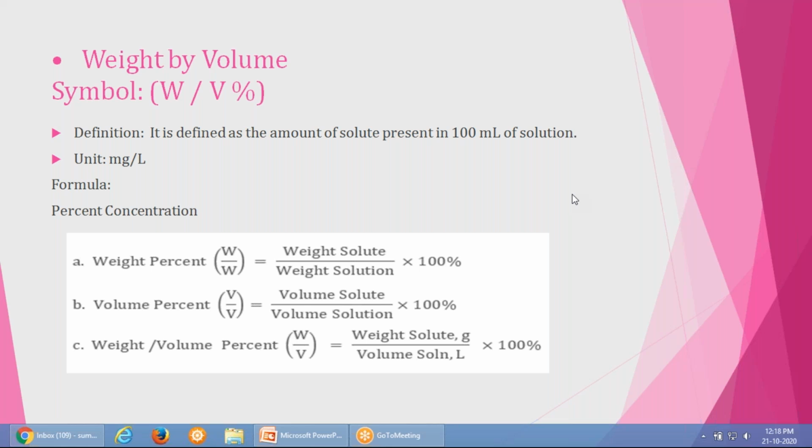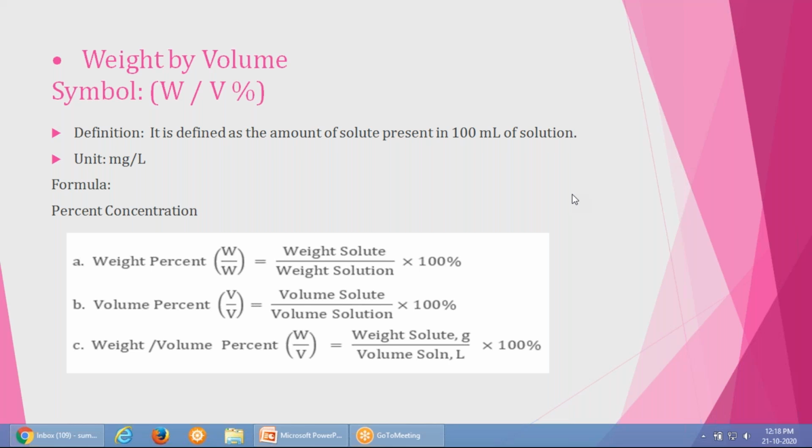So what is given here? Percent concentration is given, that is 70%, and volume of solution is also given, 250 ml. We need to find out how much water is required. If you substitute in this equation, 70 divided by 100 into 250, you'll get 175 ml.